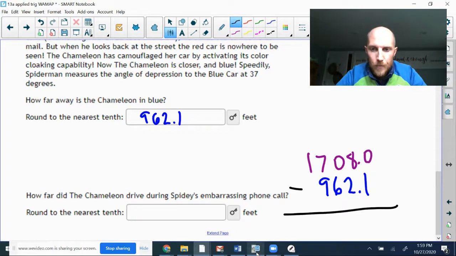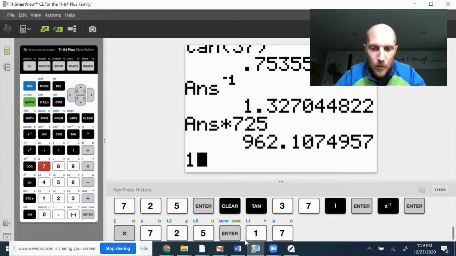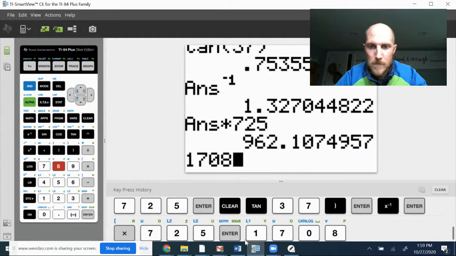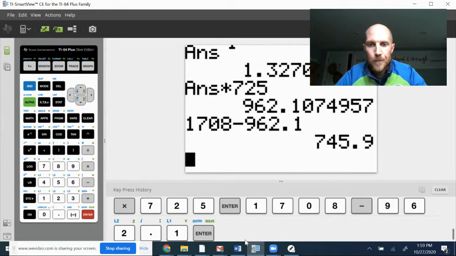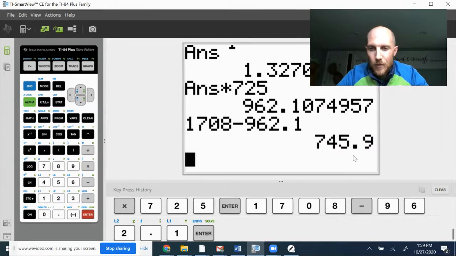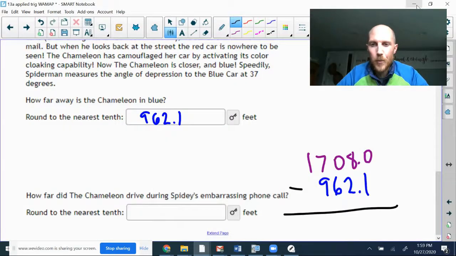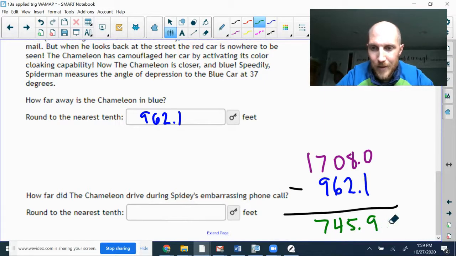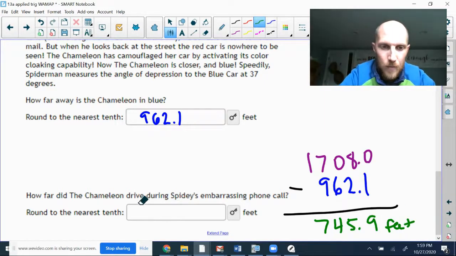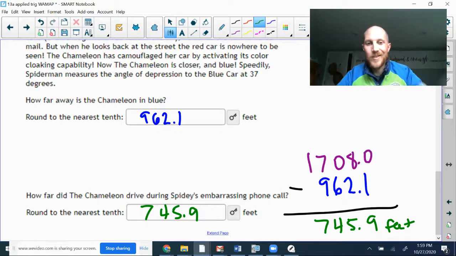Subtract. 1708 minus 962.1. All right, 745.9 feet. See ya, Spidey.